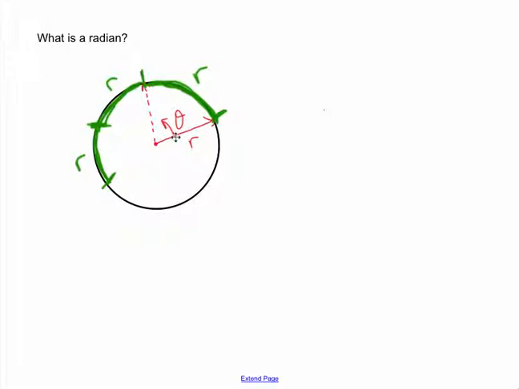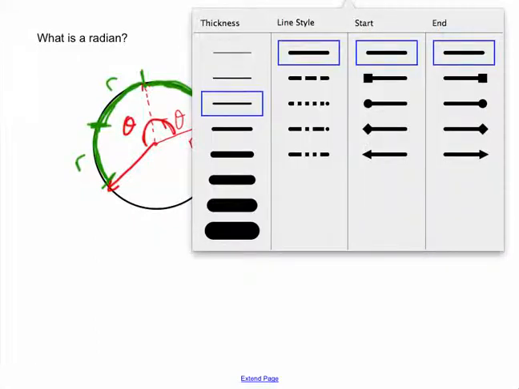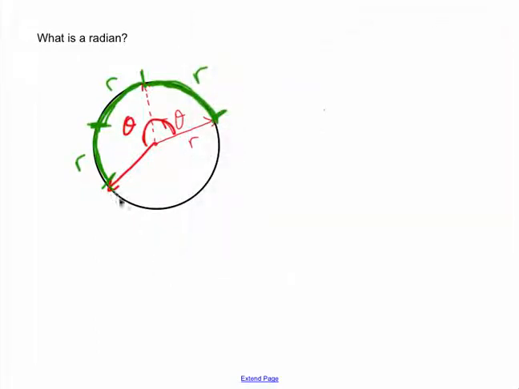This angle here that we're starting to develop would then be measured as what we call 3 radians. And then let's sweep out one more. We get 4 radians, or this angle is then becoming 4 radians.